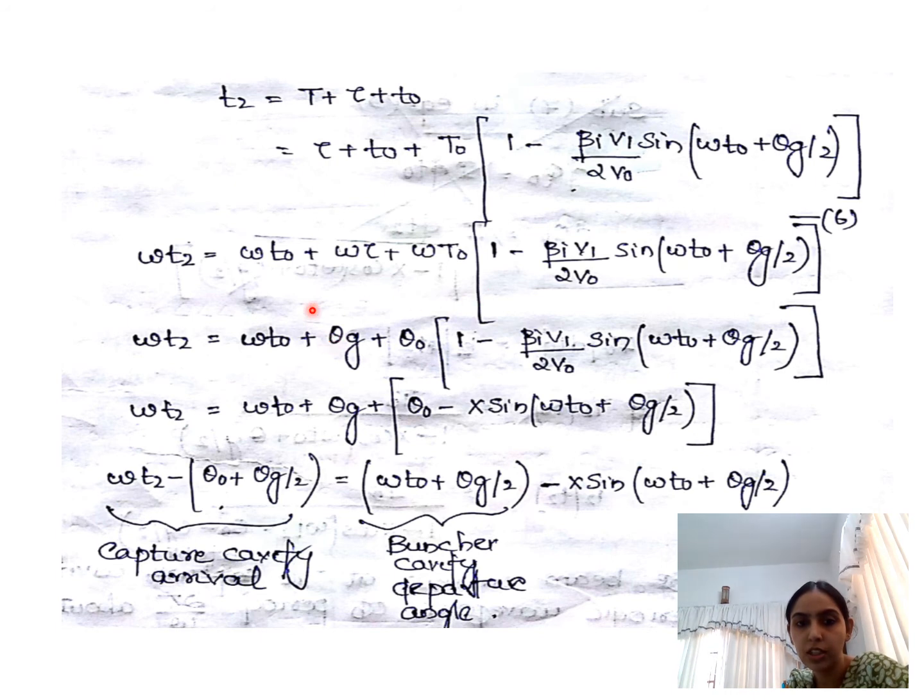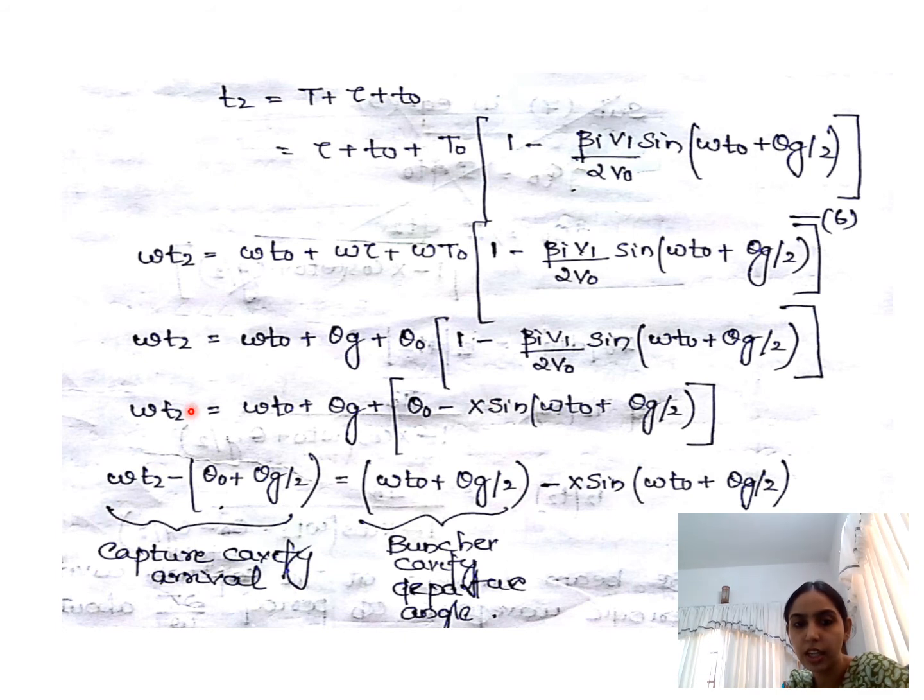Further rewriting this equation, omega T0 can now be represented as theta naught. Expanding this inside, I get beta I V1 by 2 V0 into theta naught, which is nothing but the bunching parameter x. So I have rewritten this equation in terms of the bunching parameter x.